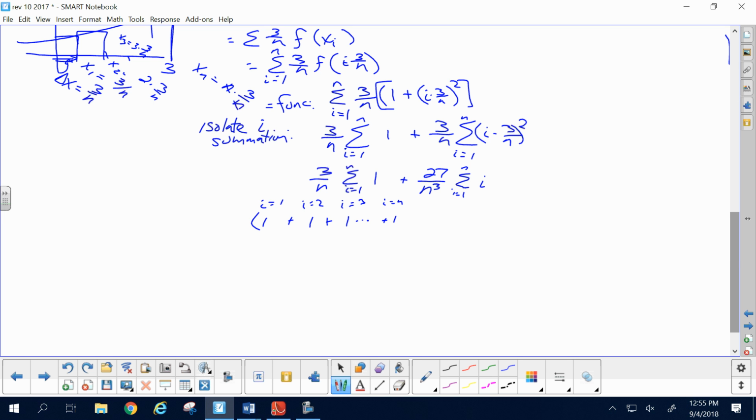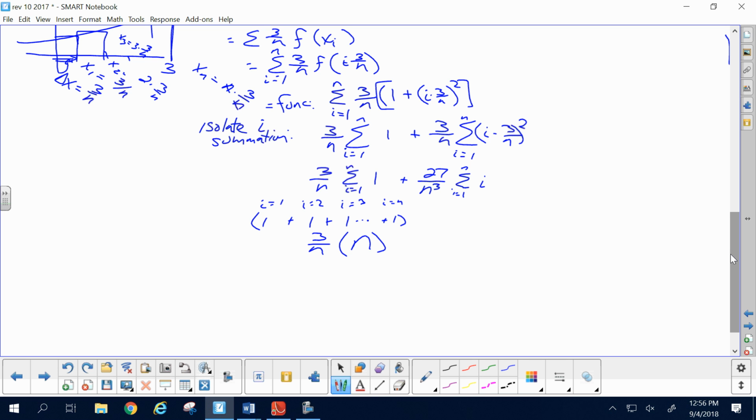So altogether then, how many 1s would I have? n of them. Now, that summation can be replaced by just saying that's just going to add to n. Whatever n is, that's how many 1s you're going to add, so it would total to n. 3 over n is then just waiting for it to be multiplied.